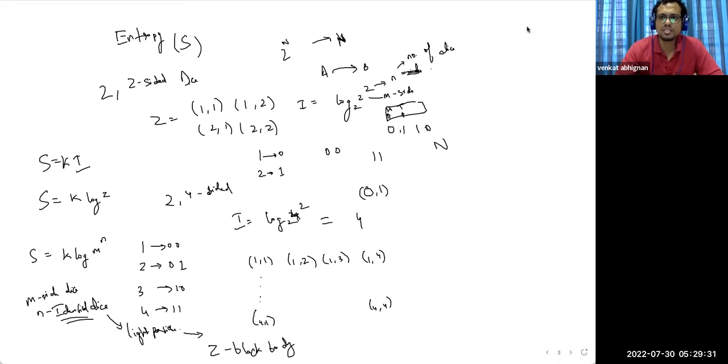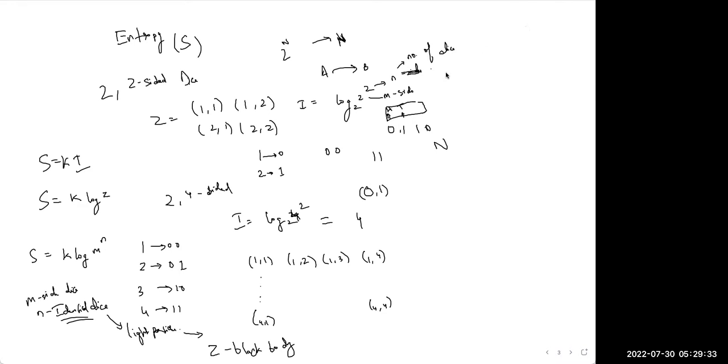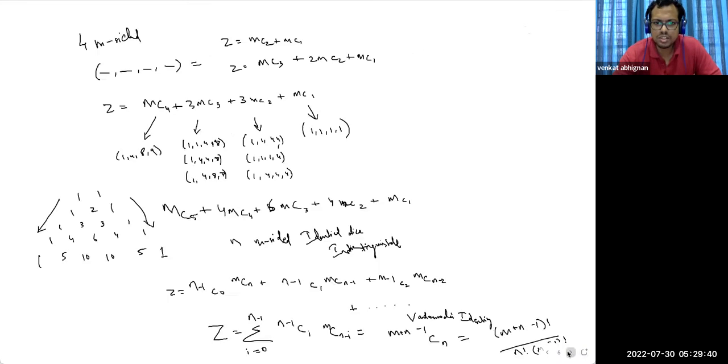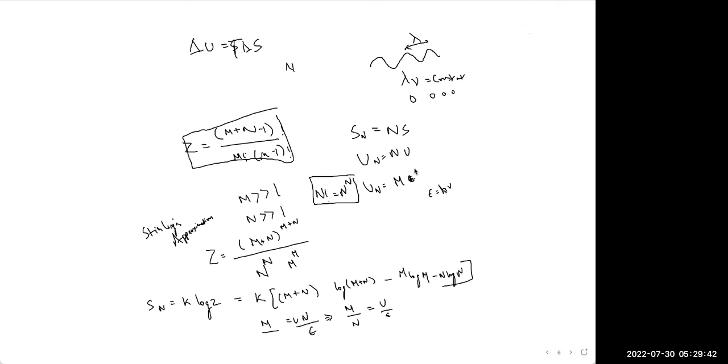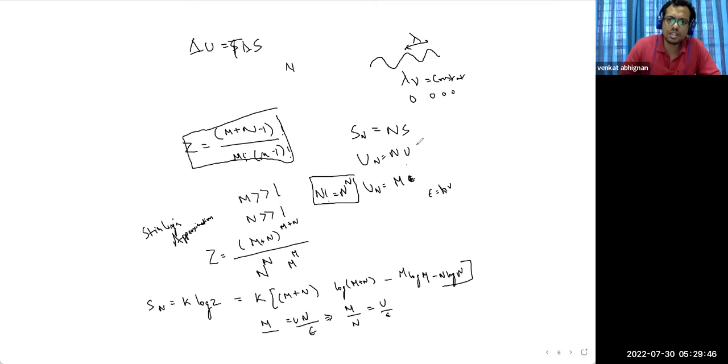Can you elaborate on the two kinds of expression you gave for U? One you wrote in terms of N, one in terms of M. This is the average energy per oscillator. There are N oscillators, and this is the total energy.